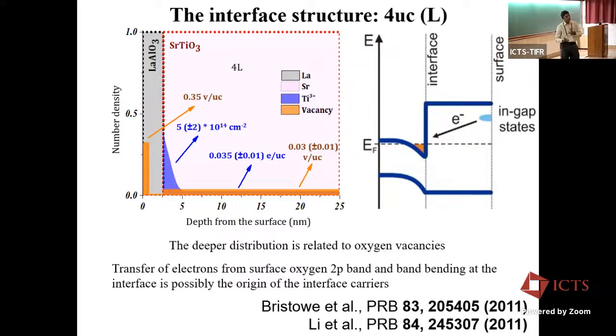Essentially, you can think of it, turn around the polar catastrophe discussion, and you can say that, look, this polar catastrophe or the growing electric field, that potential would like to pull an electron out from lanthanum aluminate. But that electron, if you think of it chemically, is the bonding electron that binds oxygen to lanthanum aluminate in the first place.